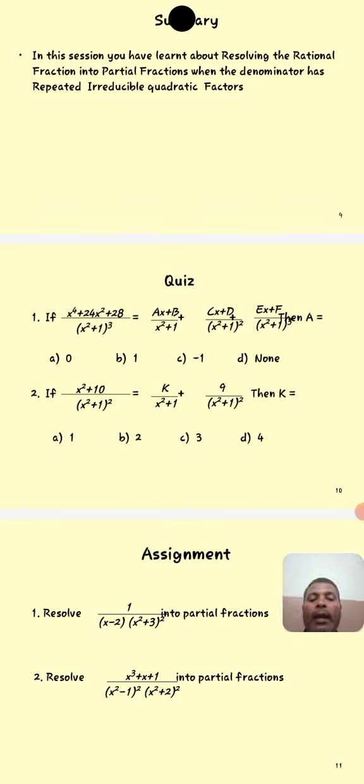Here (x square minus 1) whole square is there, so (ax plus b) divided by (x square minus 1) plus (cx plus d) divided by (x square minus 1) whole square plus (ex plus f) divided by (x square plus 2). Next, (fx plus g) divided by (x square plus 2) whole square.